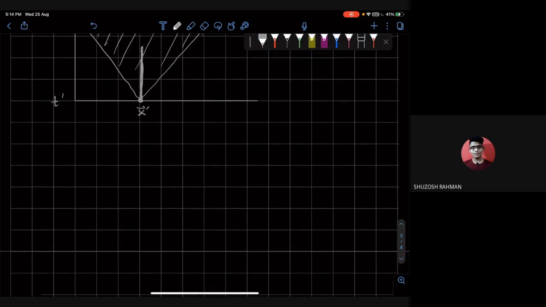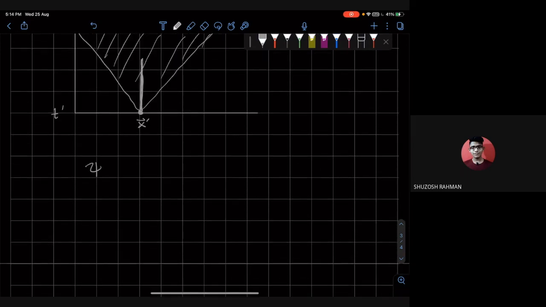What we do is that we say that our initial wave function, which was psi at x prime t prime, let's call it psi 0, the initial position, and that was isolated at x prime.